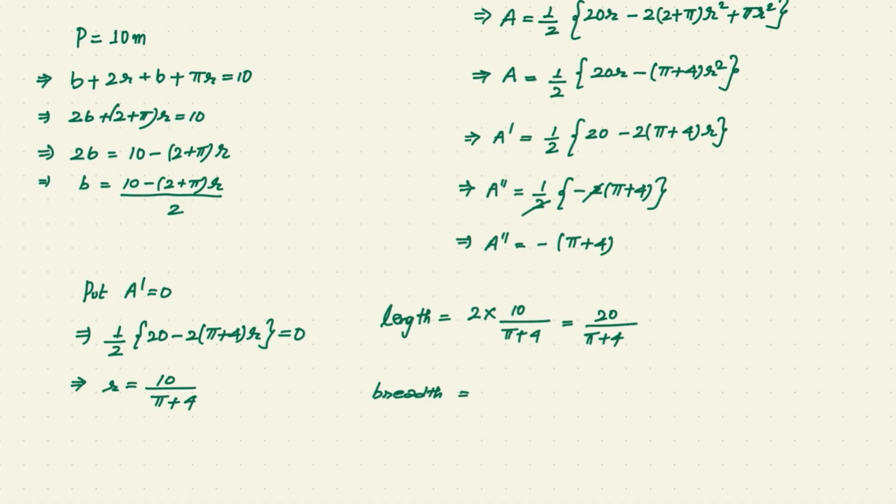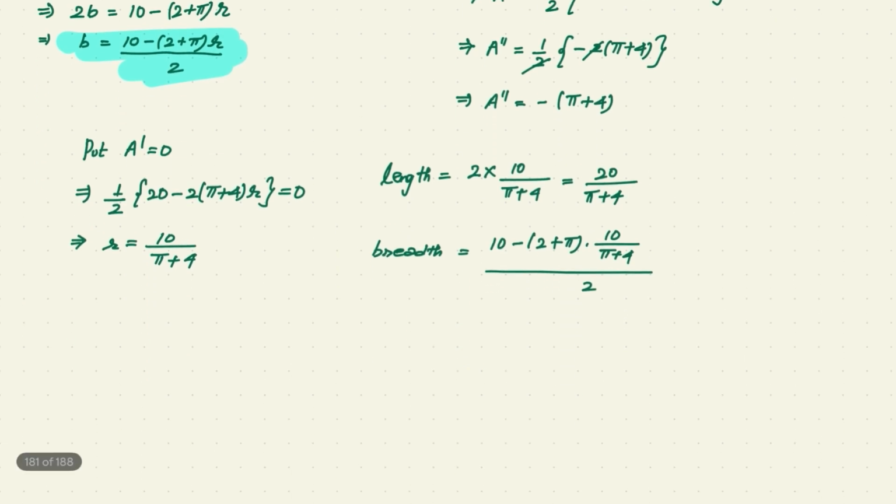And the breadth of the rectangle should be, since the equation of breadth is 10 minus (2 plus pi) r by 2, so we will use this equation. So it will be 10 minus (2 plus pi) into the value of r, which is 10 by (pi plus 4), whole divided by 2. If we simplify this, then we will have 2 into (pi plus 4) at the denominator, and in the numerator we will have 10 into (pi plus 4) minus 10 into (2 plus pi).